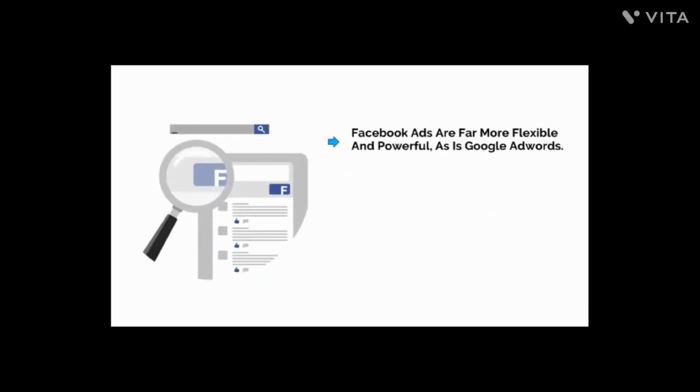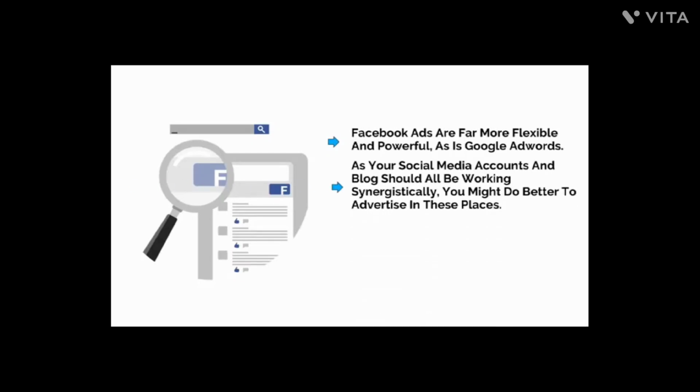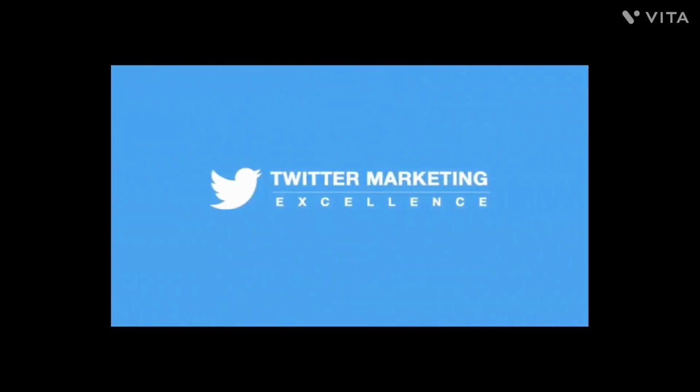For more advanced marketing though, Facebook ads are far more flexible and powerful, as is Google AdWords. As your social media accounts and blogs should be working synergistically, you might do better to advertise in these places rather than directly on Twitter itself. In the final video of this series, I'll help you put together a Twitter strategy you can start to implement right away.